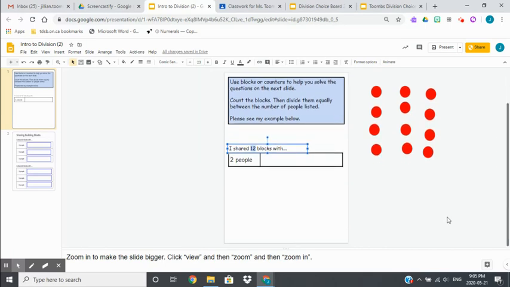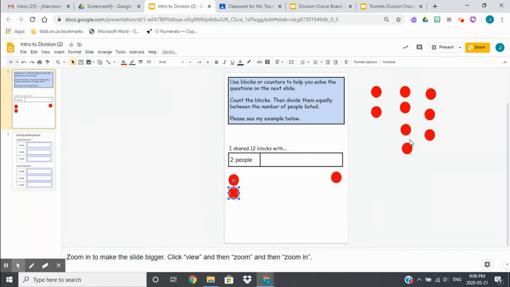Perfect. And now I want to share these 12 counters with 2 people. I'm going to show you how I would do that. Just like in the example we did in the Minds On, I'm going to set a pile for person 1, and I'm going to make a pile for person 2. And I'm going to just go back and forth, dividing equally amongst these 2 people, like this.